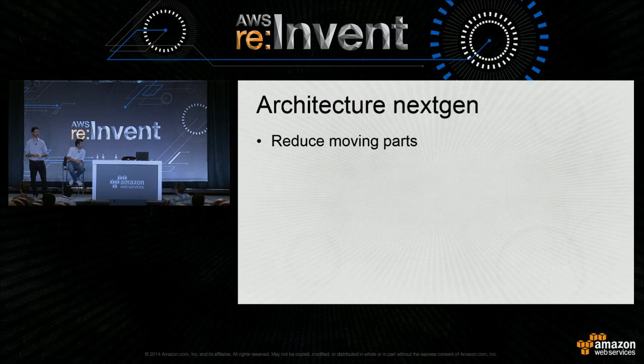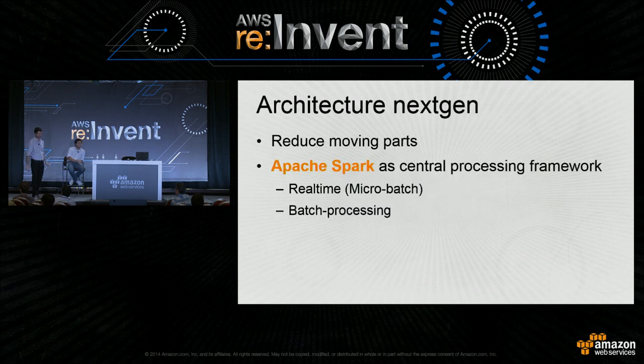So we are trying to reduce some moving parts, have as few frameworks as possible, and even if they are not exactly the best fit, I prefer to take something out and have something that's not that good, but that we are already using. For this, we are using Apache Spark. We understand that it's really cool for micro-batch processing in real time, because we are not using real time to the microsecond.